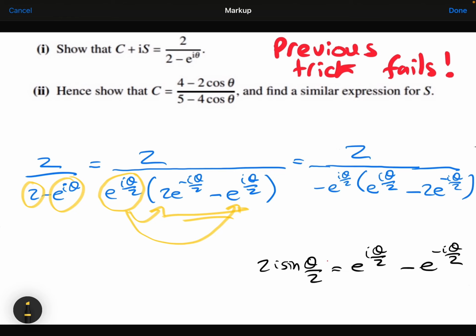Then, just to make it super clear, I've also factorised out a minus, just so I've got the positive part here at the front. And notice the fact that there's this 2 here stops me from using this result. So I cannot do this factorising trick that we used with the previous 2 examples.